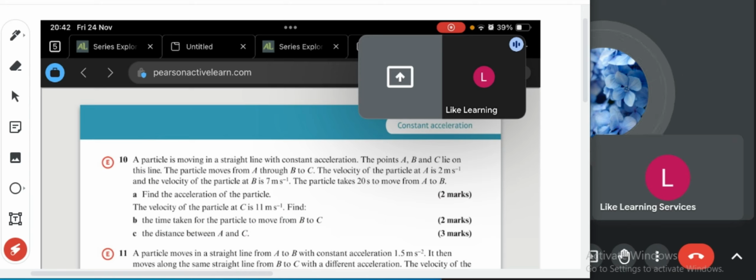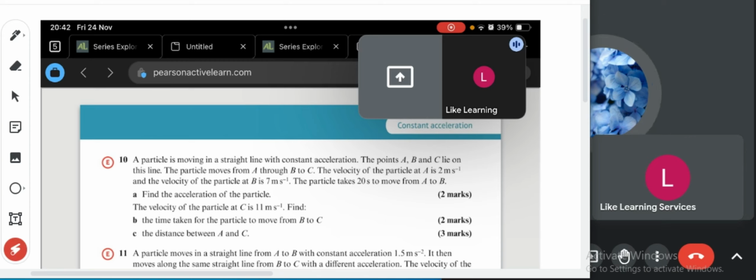A particle moving in a straight line with constant acceleration. The particle moves from A to B. The velocity of the particle at A is 2 meters per second and the velocity of the particle at B is 7 meters per second.